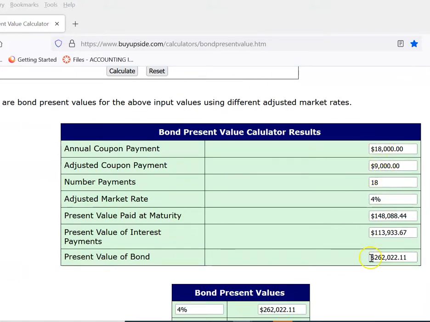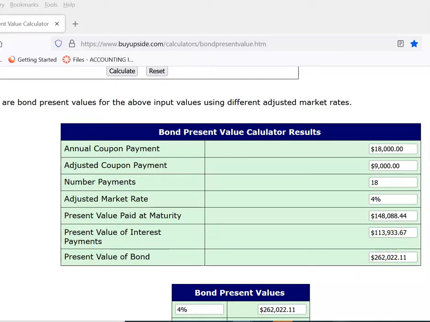is a breakdown. Here's the present value of the bond. We already have this figure. They asked us for the present value of the principal and the present value of the interest payments. The sum of these two numbers is going to give us the $262,022.